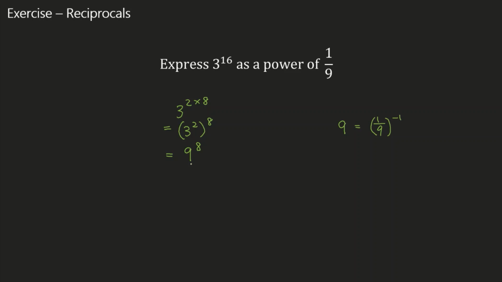So we're going to replace this 9 with this entire expression here, that's 1 over 9 to the power of minus 1. So again, using the exponent of exponent power rule, this becomes 1 over 9 raised to the power of minus 1 times 8. So this is equal to 1 over 9 raised to the negative 8th power. And this is our final answer.